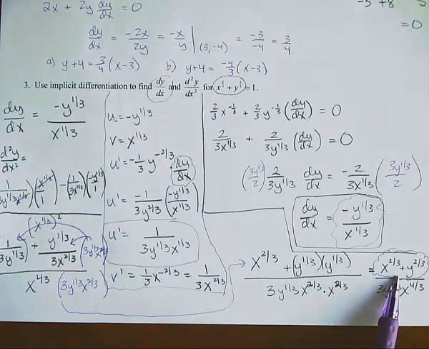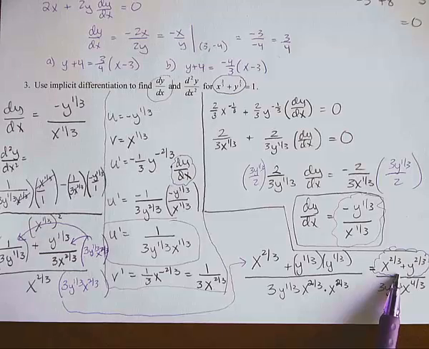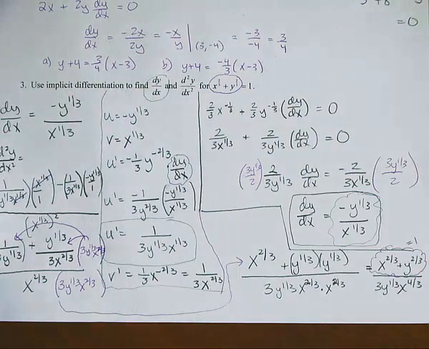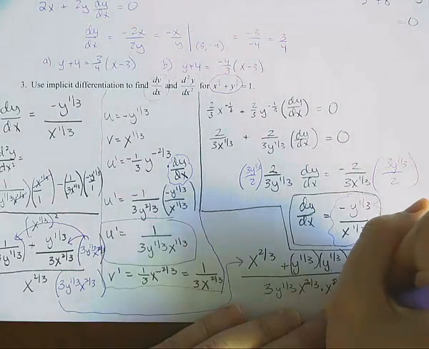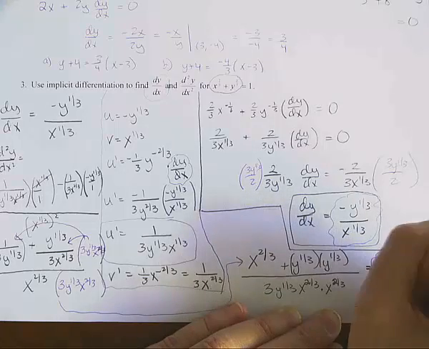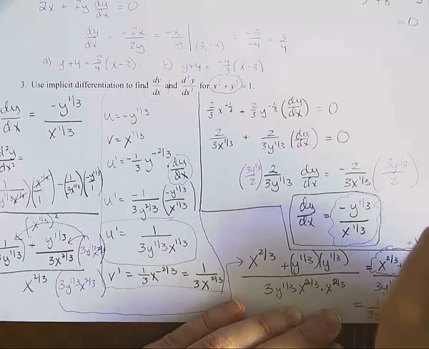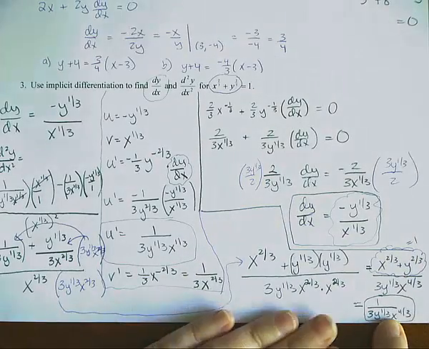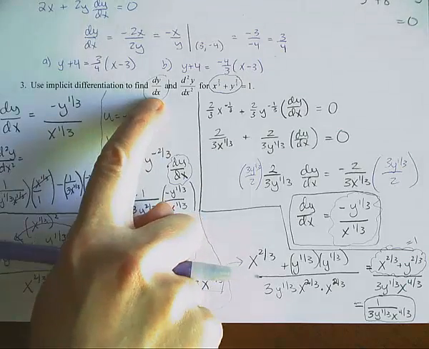So that means right here, x to the 2/3 plus y to the 2/3 equals 1. And since it equals 1, I need to reduce it down to 1. So my final answer is 1 over 3y to the 1/3 x to the 4/3. And that's the final answer for the second derivative.